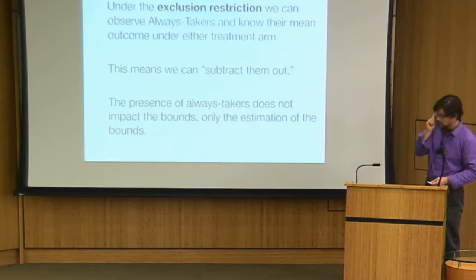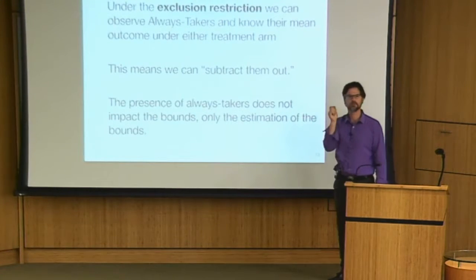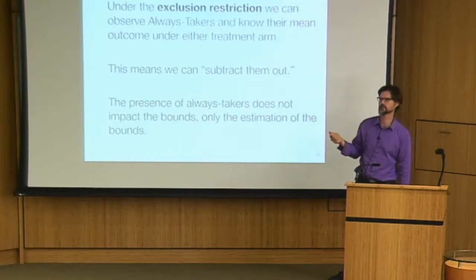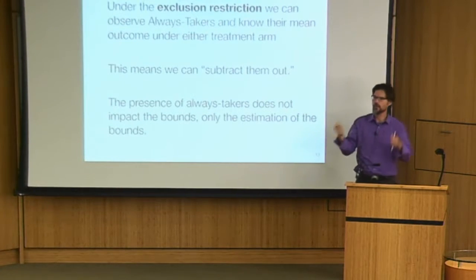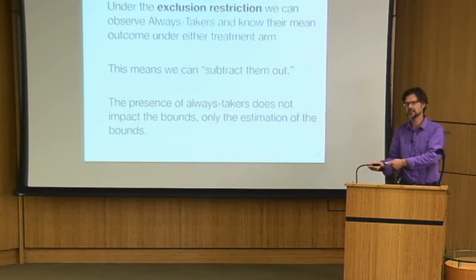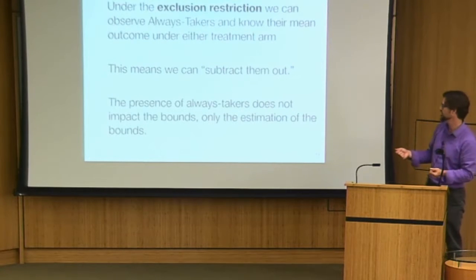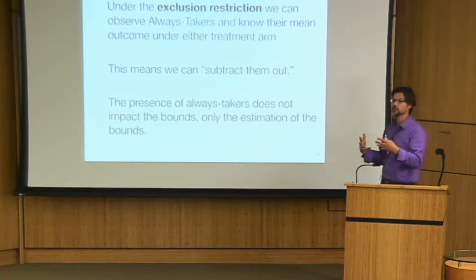So there are two important things about bounds that I'd like to underscore with this. The first is that always takers cause troubles with estimation, and they make things look more impressive, so you can feel fancy. But fundamentally, you can get rid of them, right?